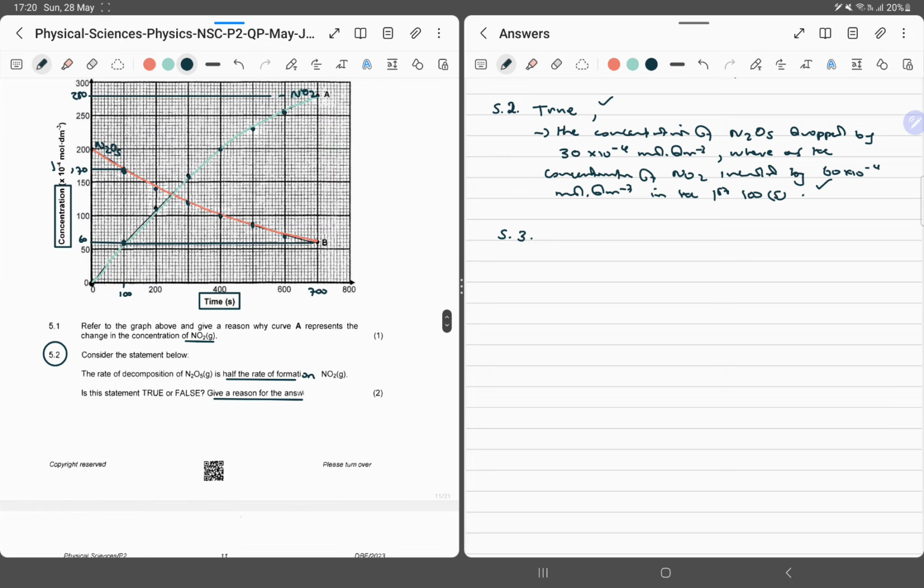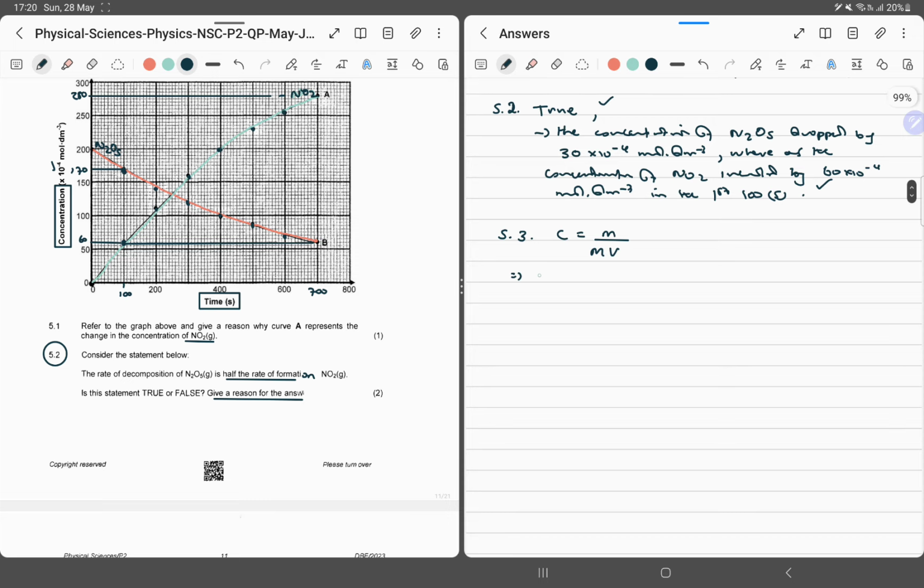So there is 400 seconds and that is the mass. Sorry, the concentration is 200 times 10 to the minus 4. So we know that if we want the mass, concentration is equal to mass over molar mass multiplied by volume.